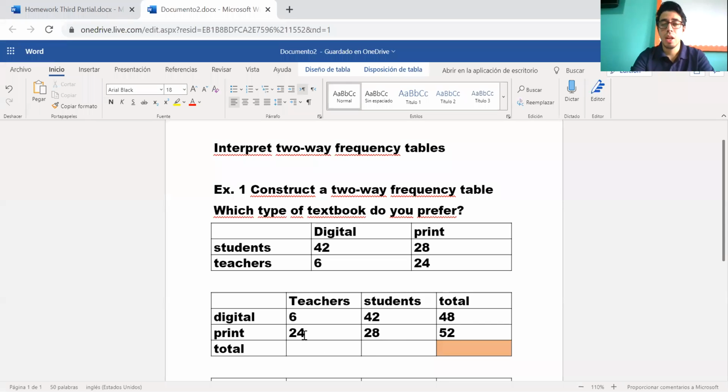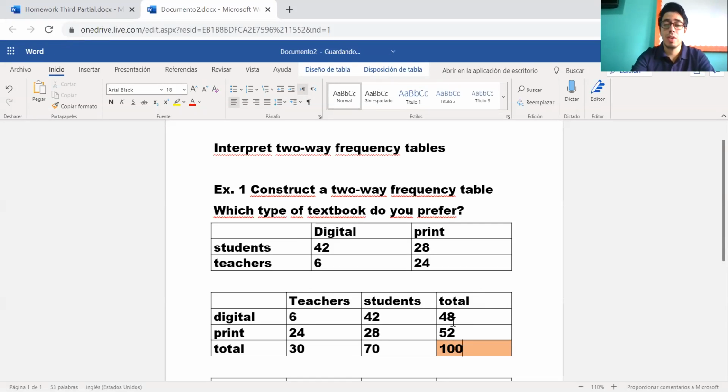And I'm going to find the total for the vertical part too. 6 plus 24 is 30. And 42 plus 28 is 70. So when we add 30 plus 70, it is 100. And 48 plus 52 is 100.